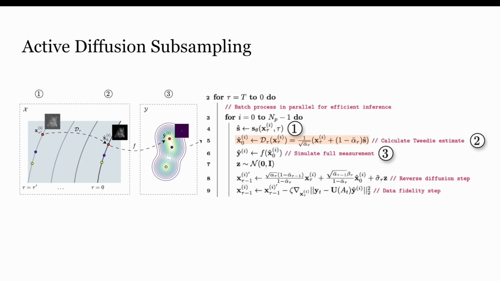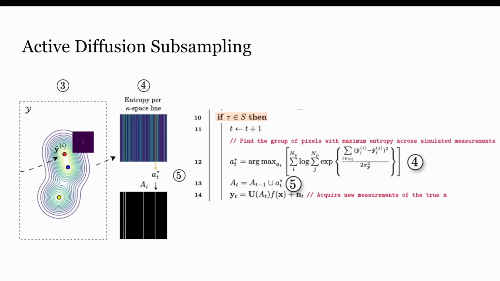We're calculating these Tweedie estimates, which we'll use later, and we're simulating these full measurements. This needs to be done anyway for diffusion posterior sampling in order to compute the likelihood, or the data fidelity step, as you see on line 9. But we also use these later to compute our entropy.